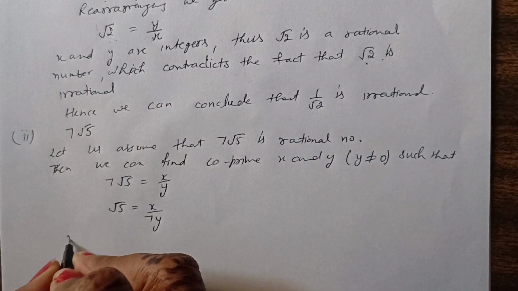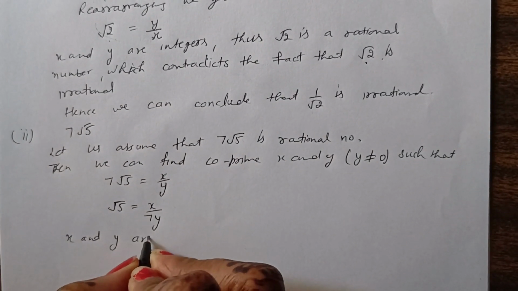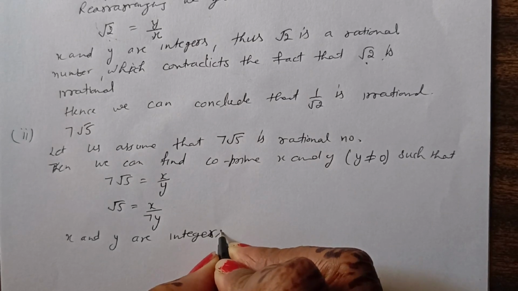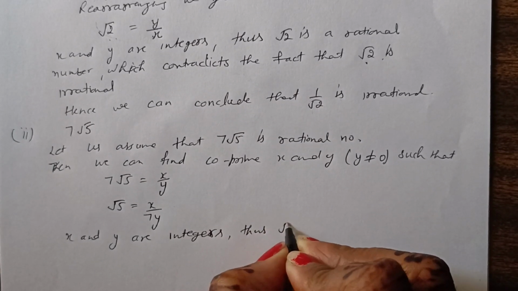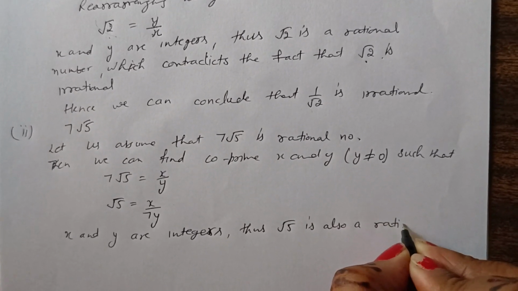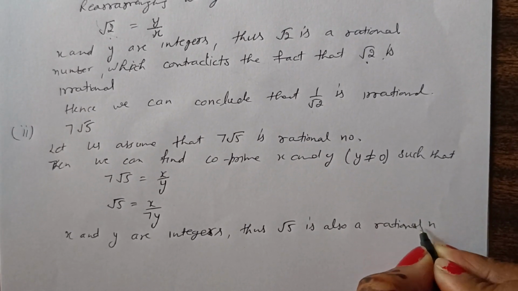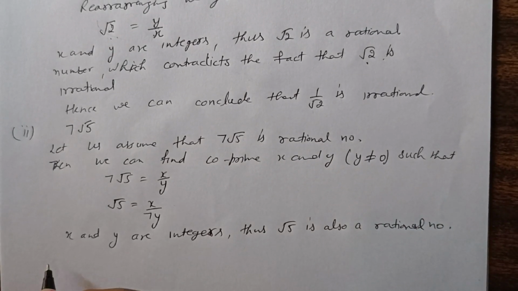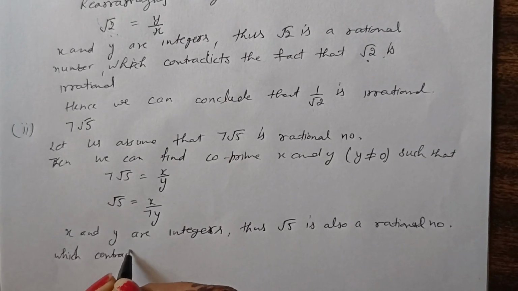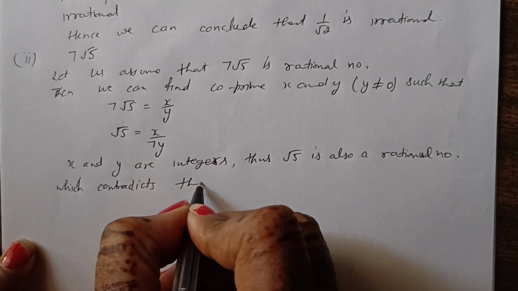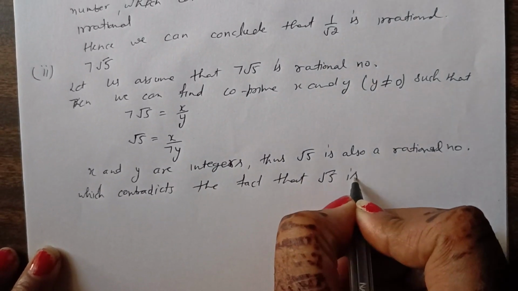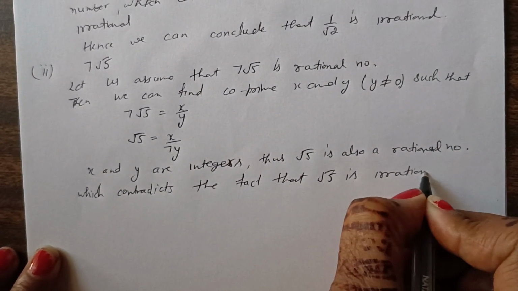x and y are integers. Thus, root 5 is also a rational number. Which contradicts the fact that root 5 is irrational.